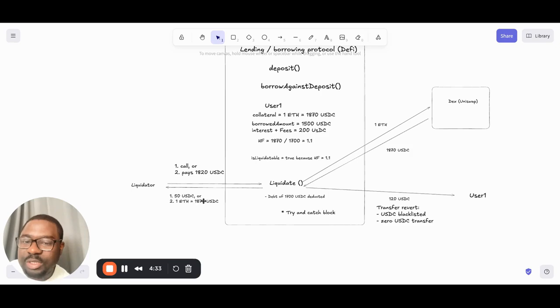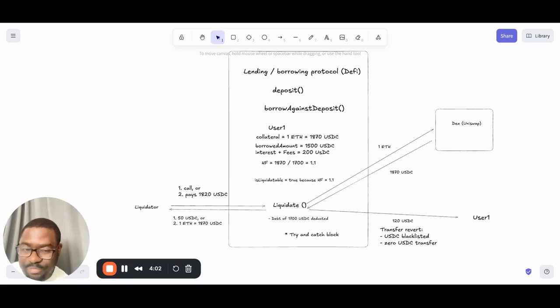So he has just made 50 USDC for doing that. Then the protocol takes 1,700 USDC from the 1,820 the liquidator has paid to the protocol. Then the remaining 120 is sent back to the user. All right. So those are the two ways protocols use to liquidate an insolvent position.